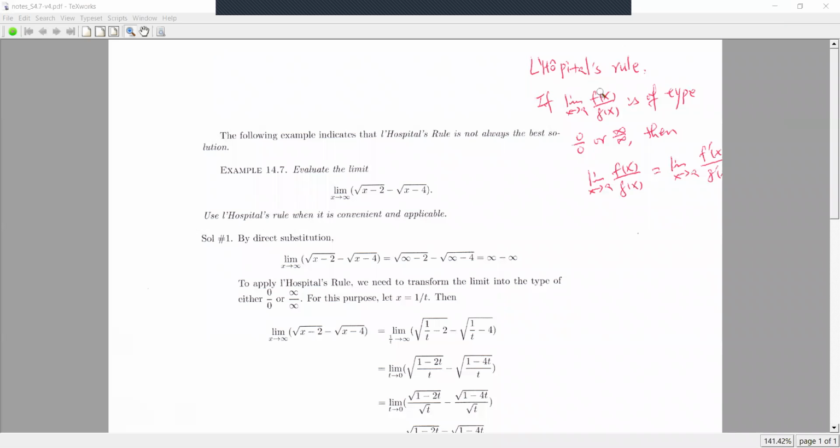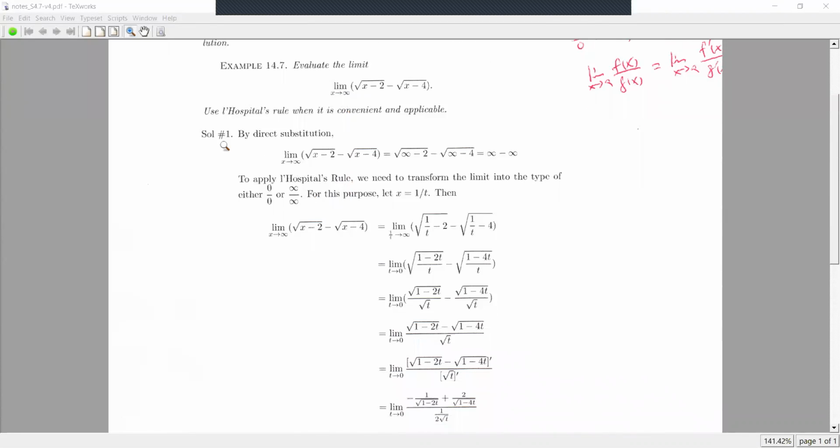Yes, L'Hopital's rule is powerful in the computation of a difficult limit. But sometimes the solution through L'Hopital's rule is tedious, as in the following example. Example number 6. Evaluate this limit where x approaches positive infinity.